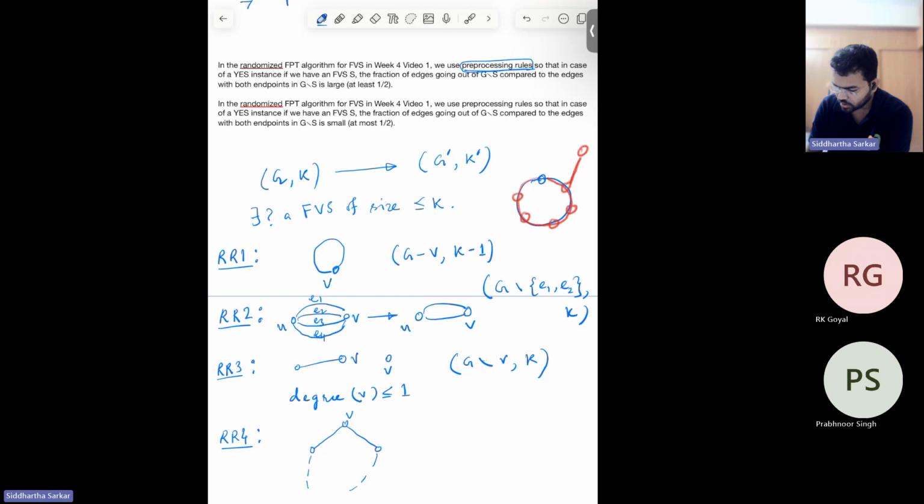Let us say that its neighbors are n1 and n2, neighbor 1 and neighbor 2. If there is a path between neighbor 1 and neighbor 2, then they will be part of a cycle, otherwise not.